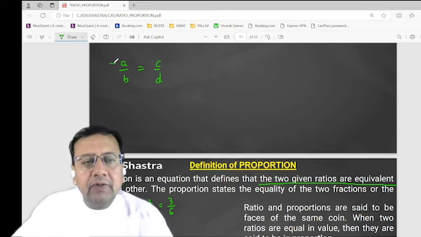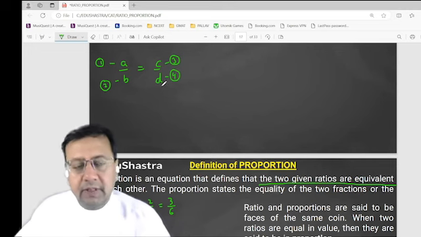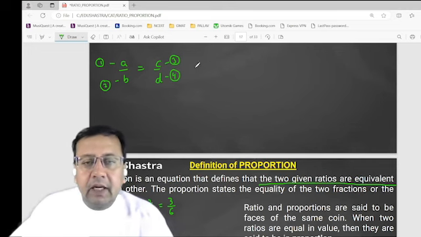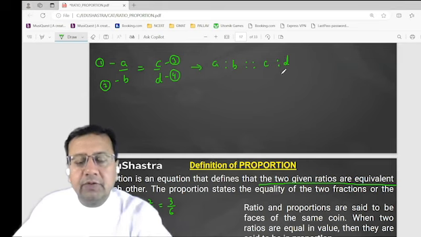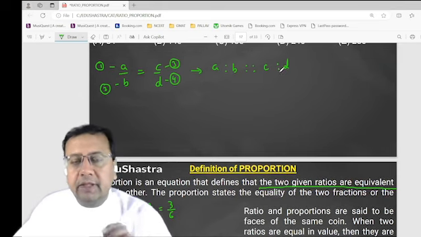So this is called the first proportion, this is the second proportion, this is the third proportion, and this is the fourth proportion, right? Because there are 4 terms. And I can write this in the same way, that is A is to B is to C is to D, like this, right? So both the representations are the same.